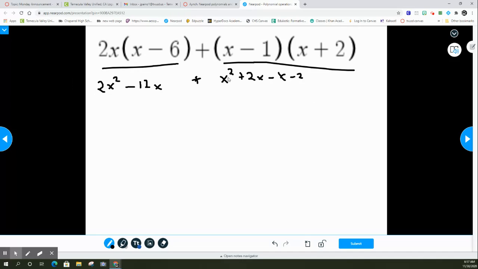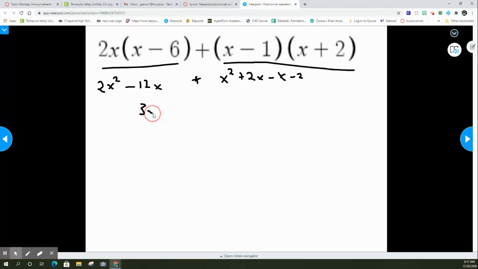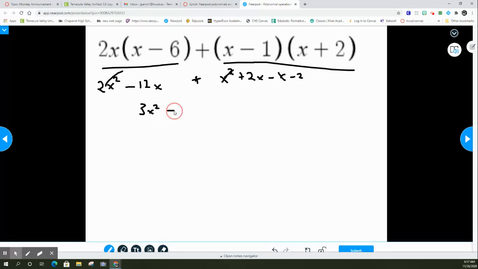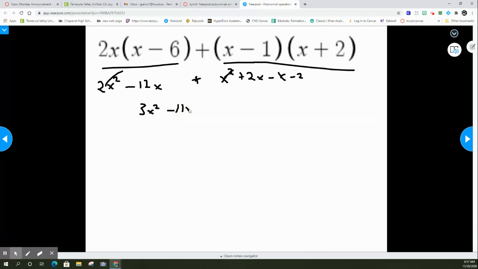So 2x squared plus x squared is 3x squared. And then I have negative 12x plus 2x, that's negative 10x, minus x, that's negative 11x. And the only thing left is the minus 2.